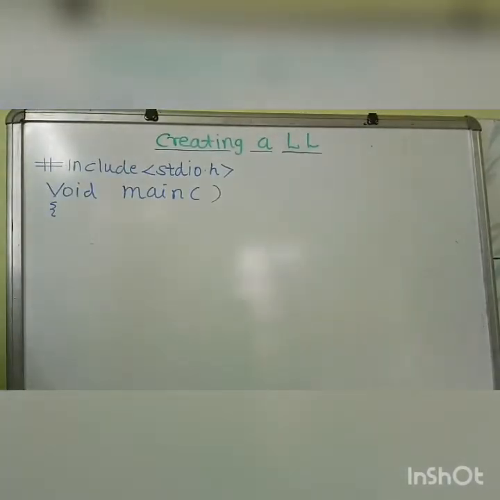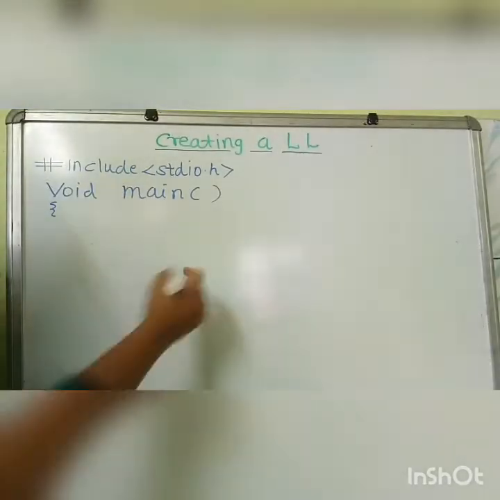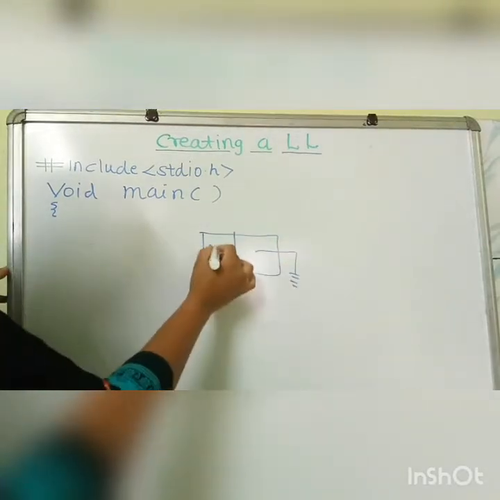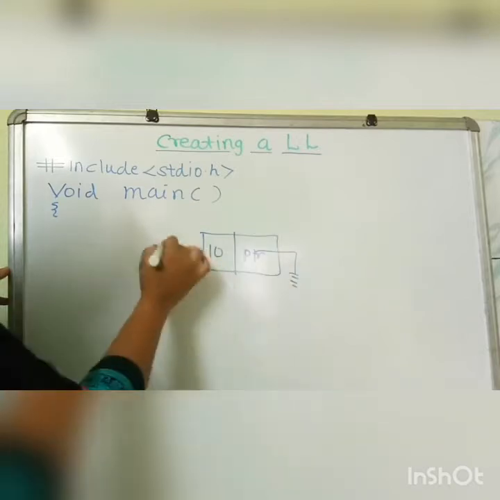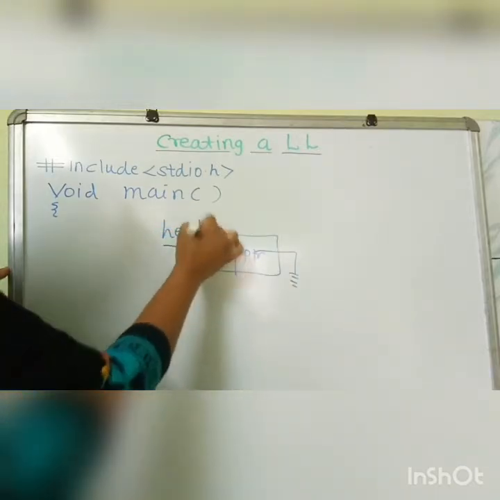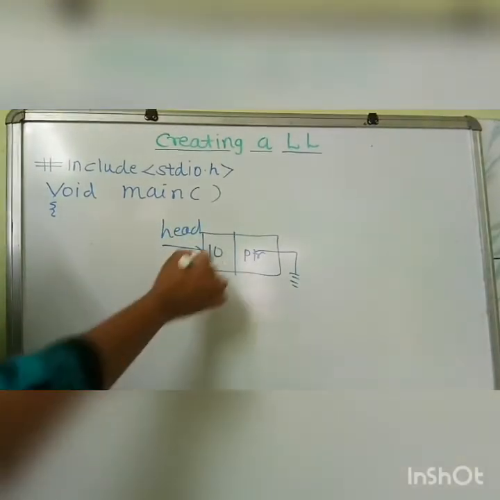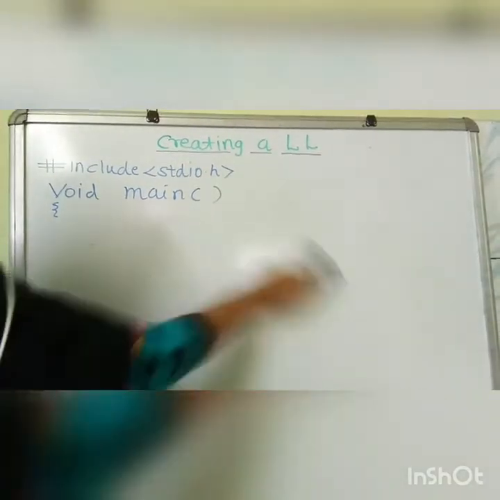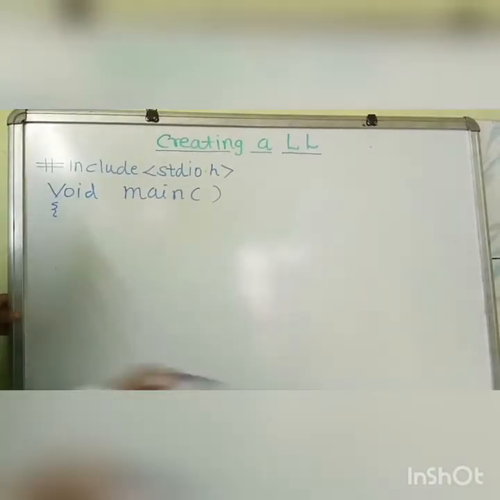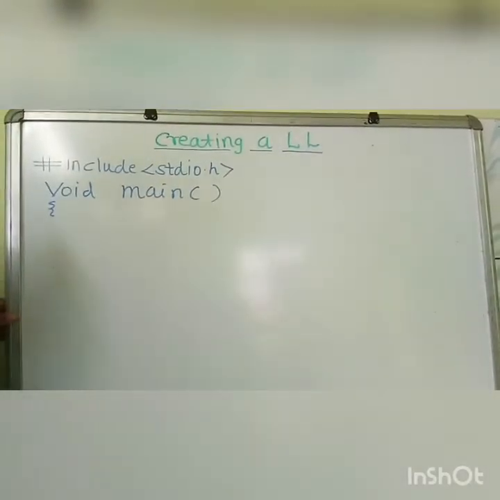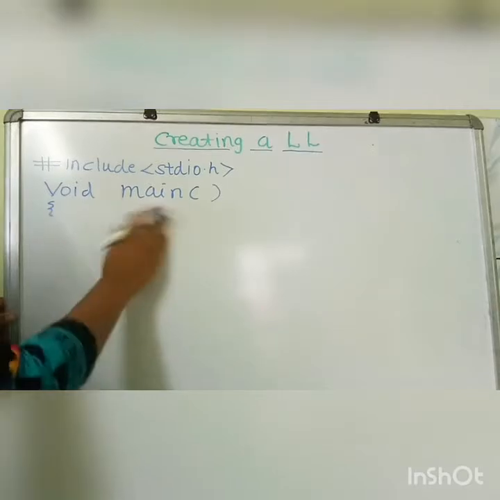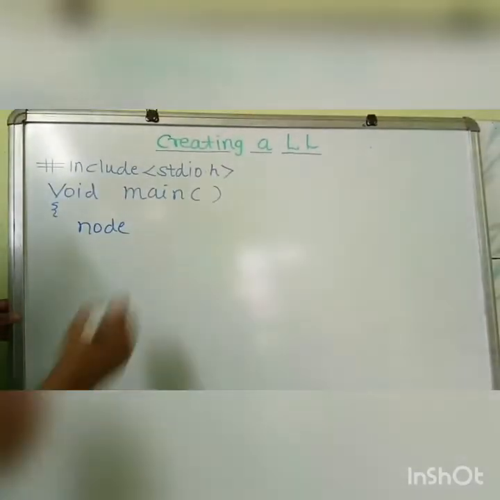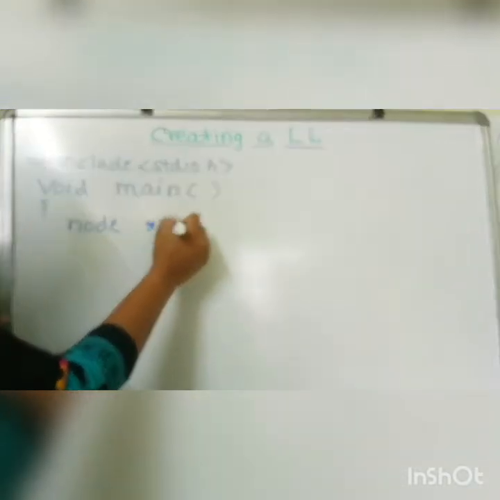Now, as we know, a linked list is nothing but its data and a pointer to the next node, and the first node of the linked list is always known by the name head. So we will create one variable of structure node, that is Node *head.